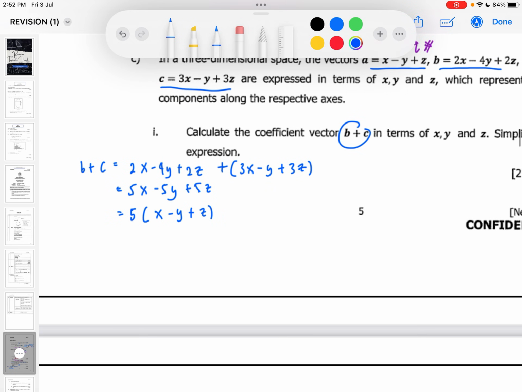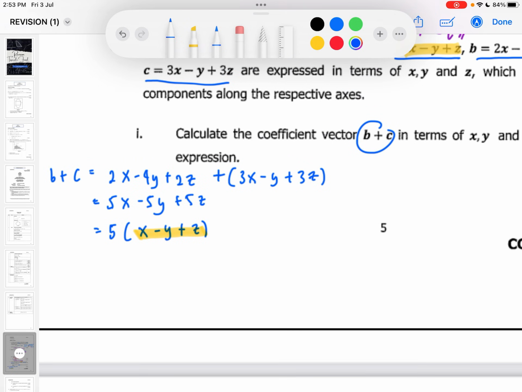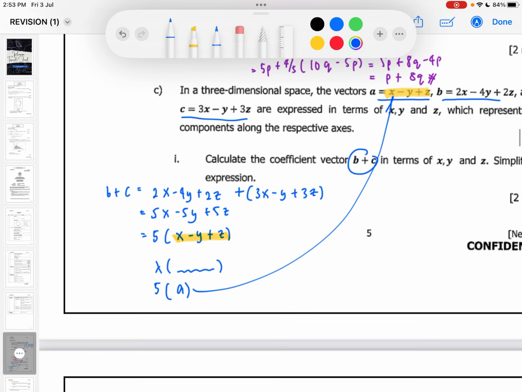If you notice, this is x minus y plus z, and this is also x minus y plus z. So this is actually 5A, which means B plus C is a scalar multiple of A. A scalar multiple is basically lambda times whatever is here. So 5 is the lambda, and whatever is here is A. So that is how scalar vectors work.